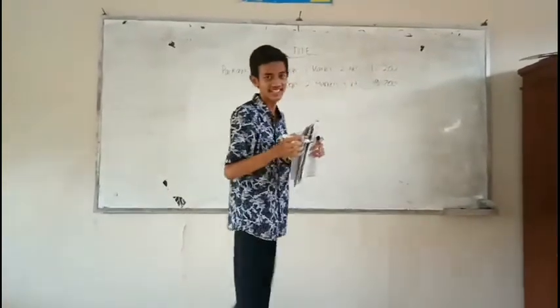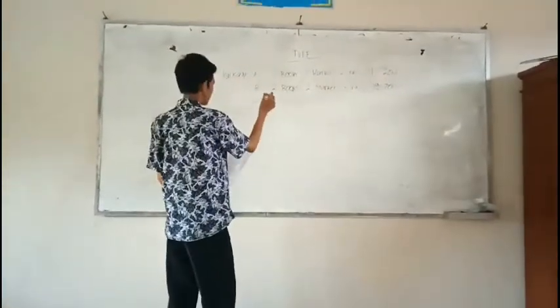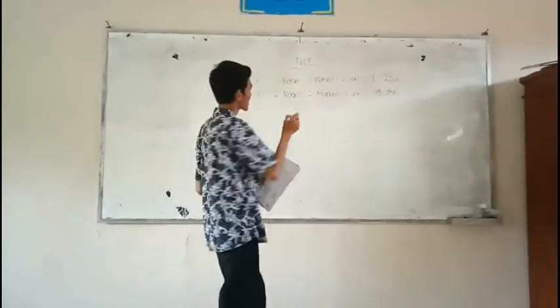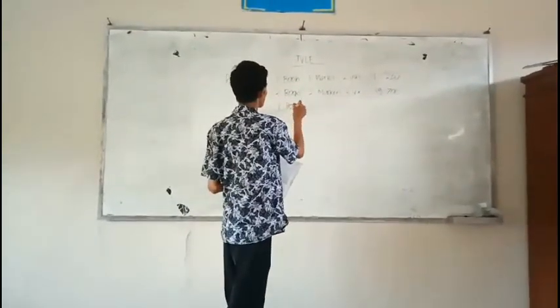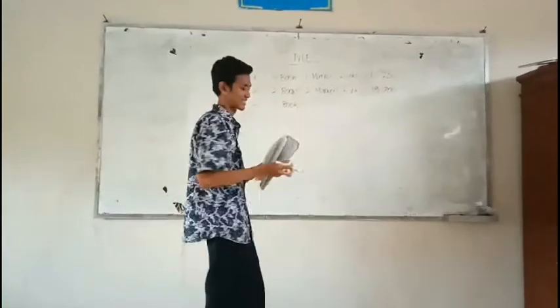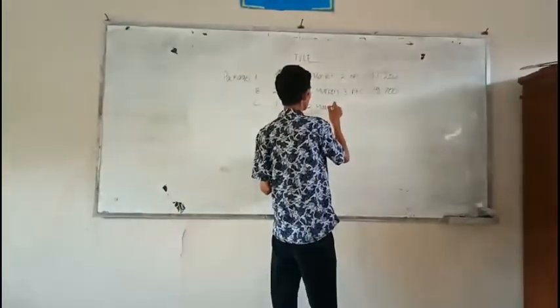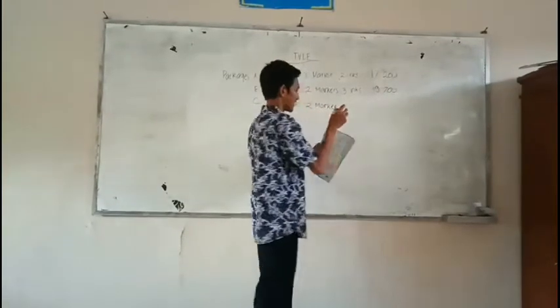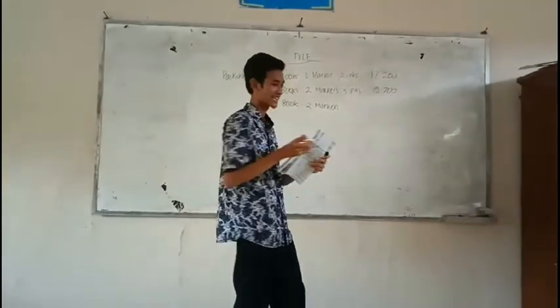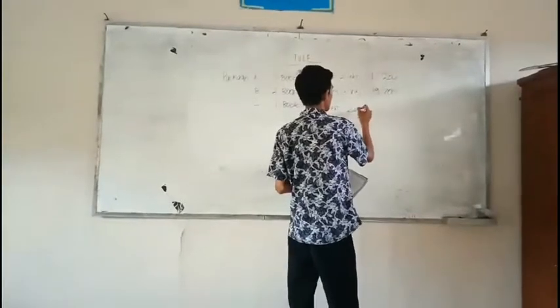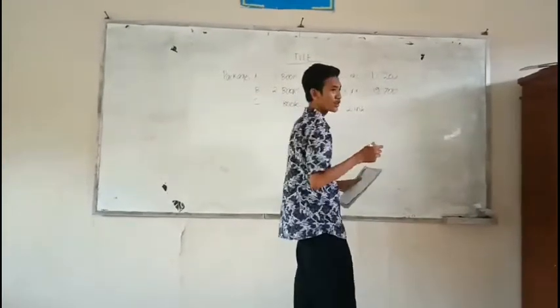And package C contains one book, two markers, and two inks, with a price of 14,000.